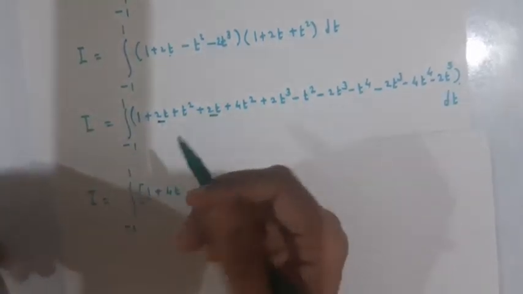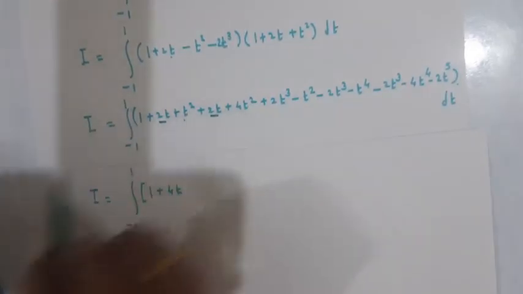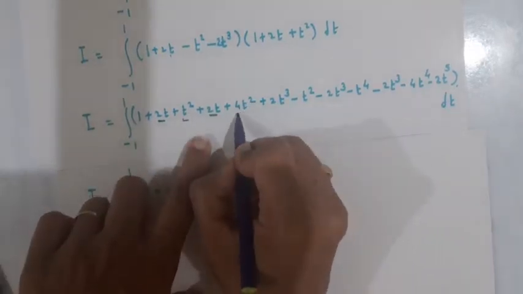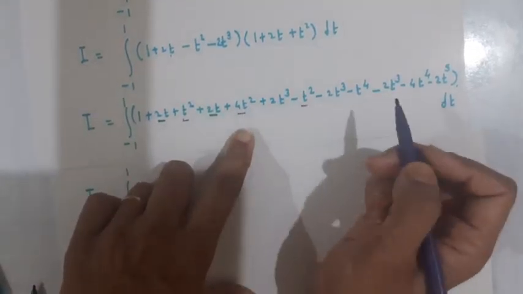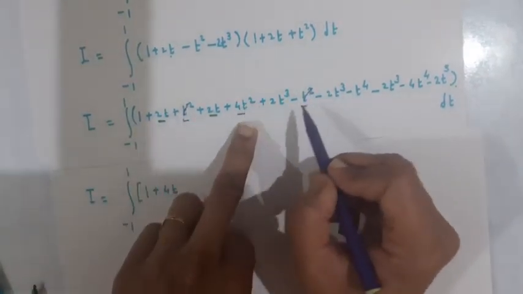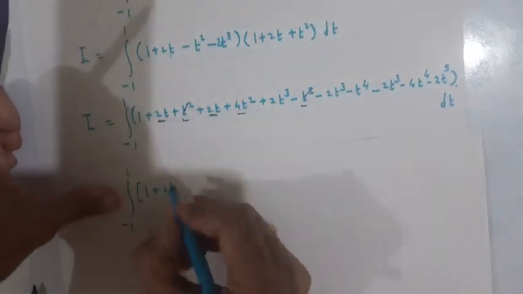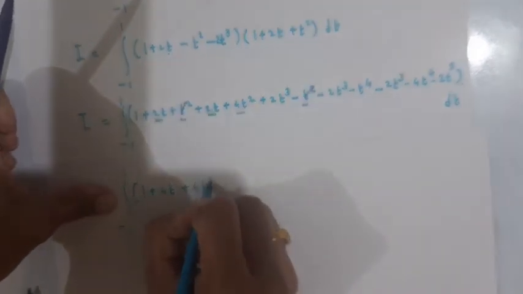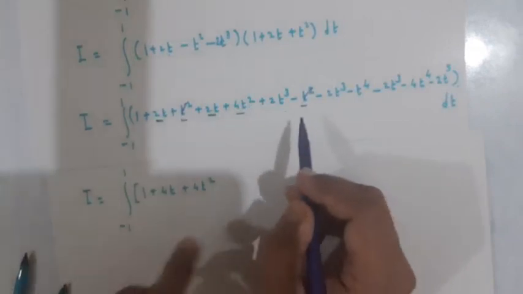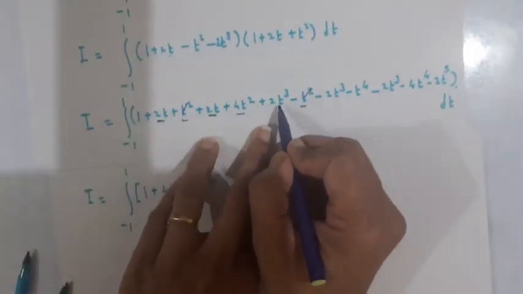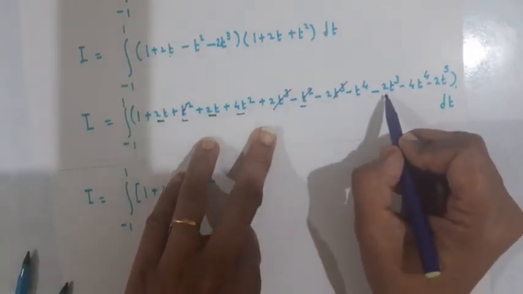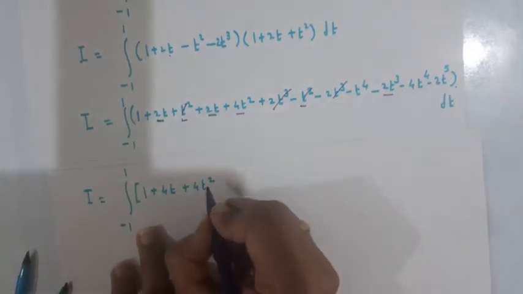Now the terms with t square: t square plus 4t square minus t square. So this t square and minus t square get cancelled, so 4t square. Now with t cube terms, this 2t cube minus 2t cube get cancelled, and this is minus 2t cube minus 2t cube.